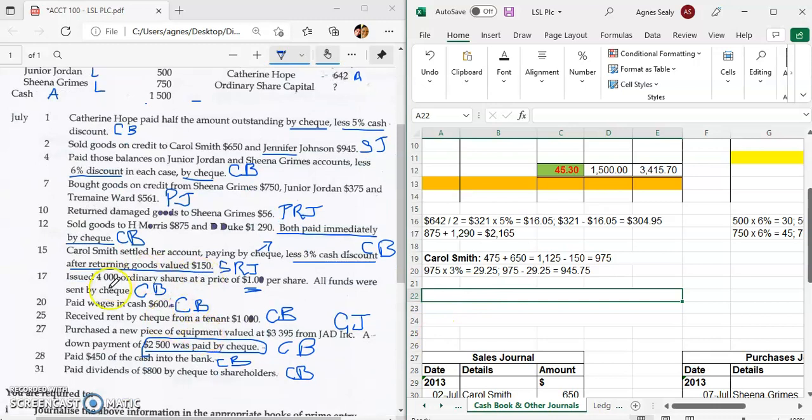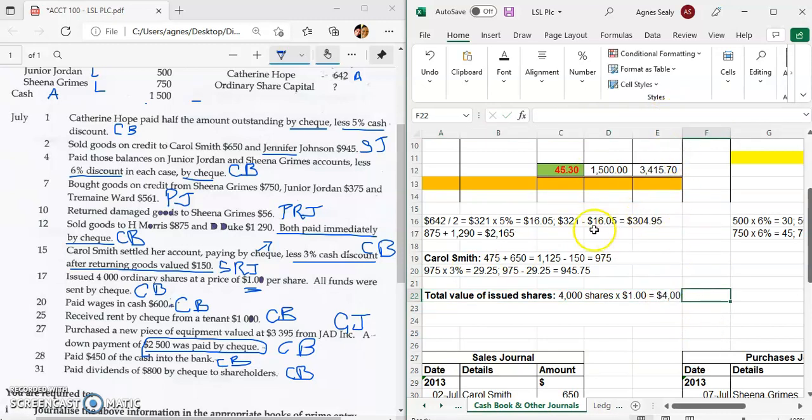So the total value of issued shares is 4,000 shares multiplied by the issue price of $1, which gives us $4,000. That's the total value of the shares being issued.